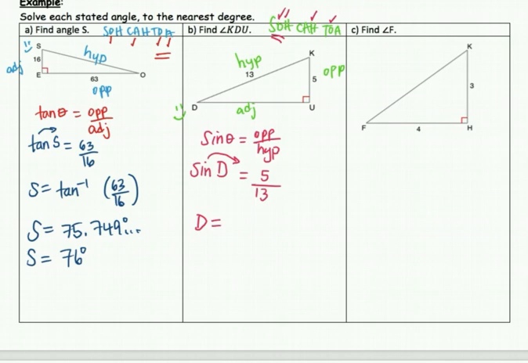Every time you have to find an angle, it's always the inverse trig function. If you're trying to find a missing side and you're doing the inverse trig function, it's incorrect. And here we go. We got 22.61986, and so on. And then I want you to round.